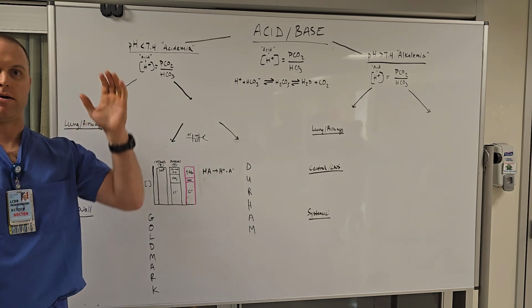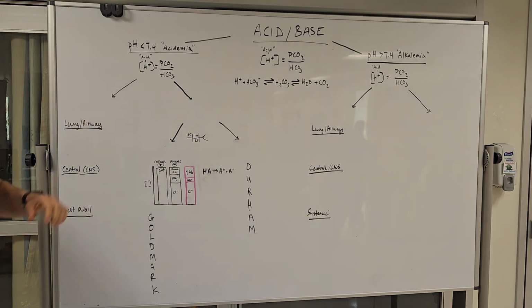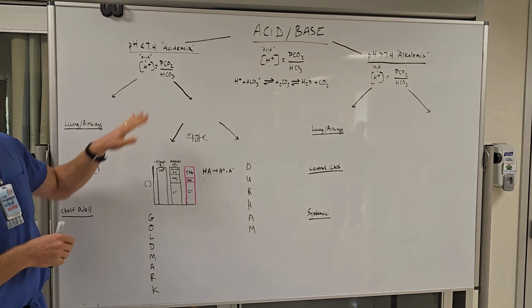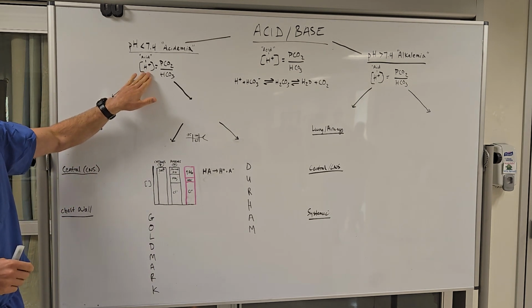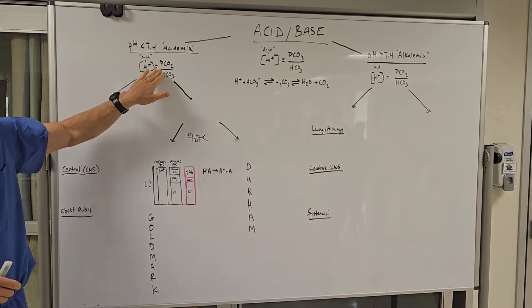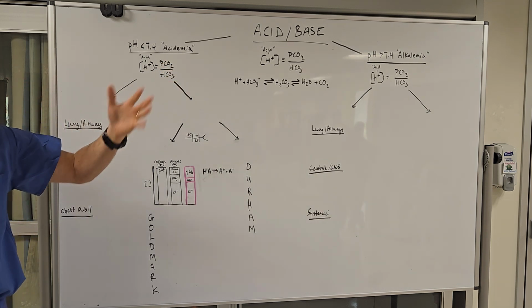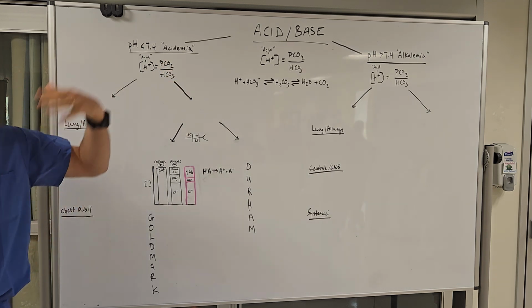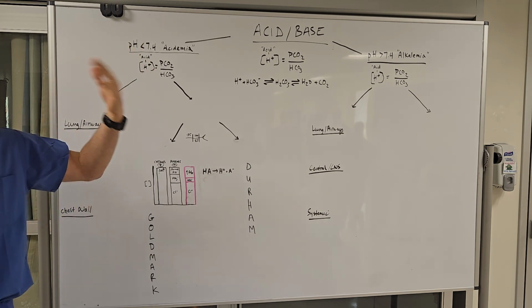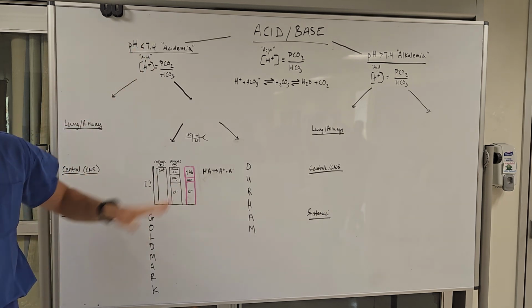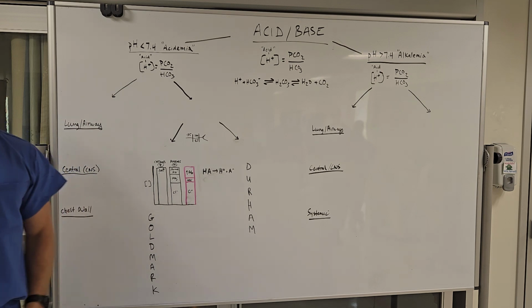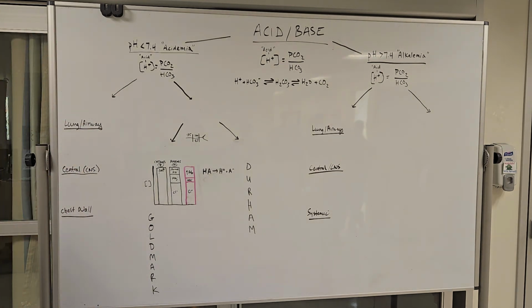So think of H plus concentration as the degree of acid, and that is equal to the ratio of your PCO2. The PCO2 in your blood, we breathe off PCO2. PCO2 is a metabolic byproduct. It's part of this buffering system we'll get into, but we need to breathe off PCO2.